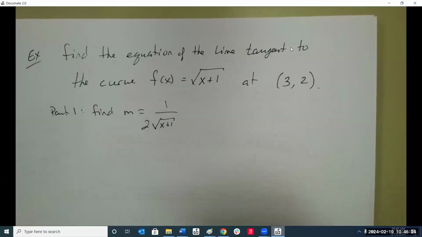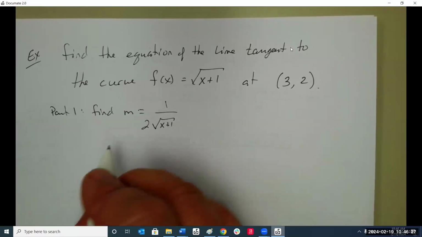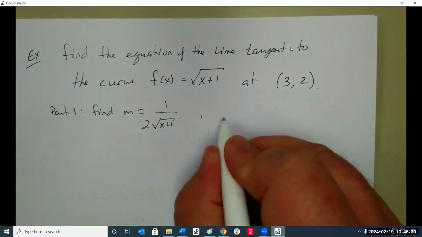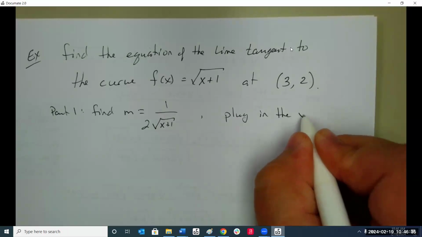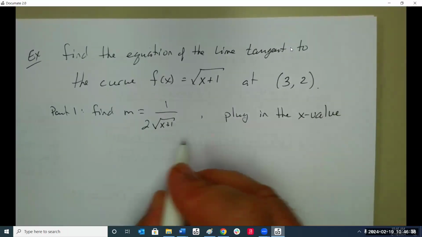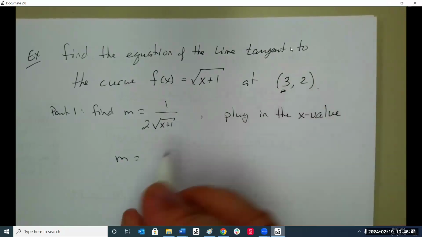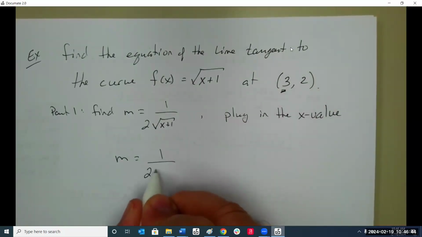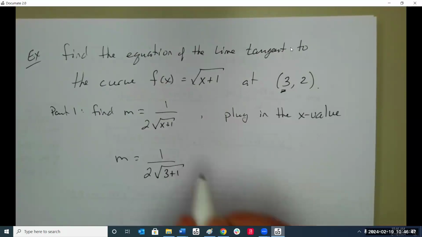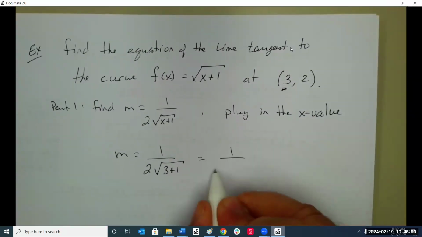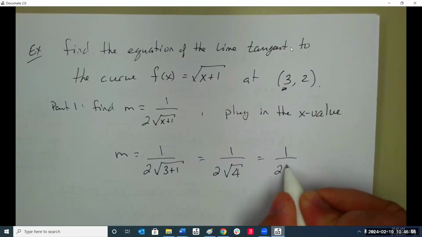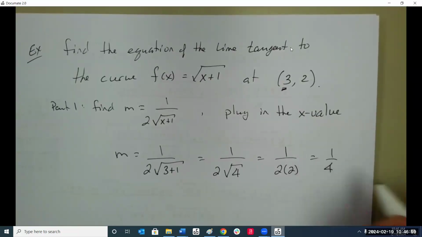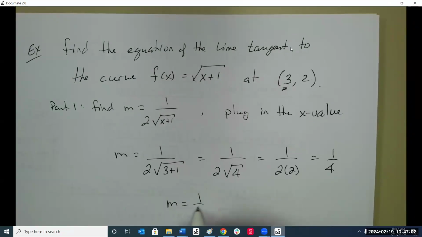So all this came from the previous page. Plug in the x value. So the slope, the x value is 3, is 1 over 2, radical 3 plus 1. So the slope is 1/4 at the point 3, 2.